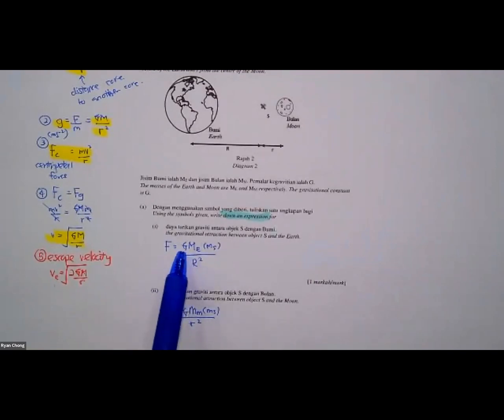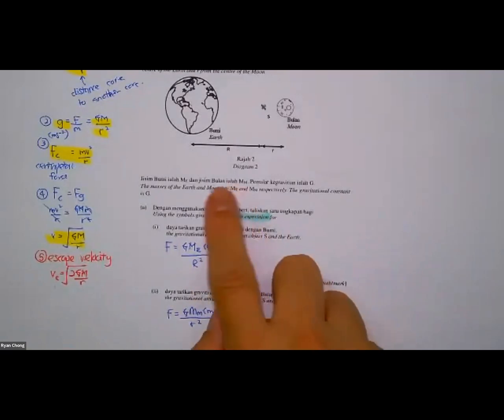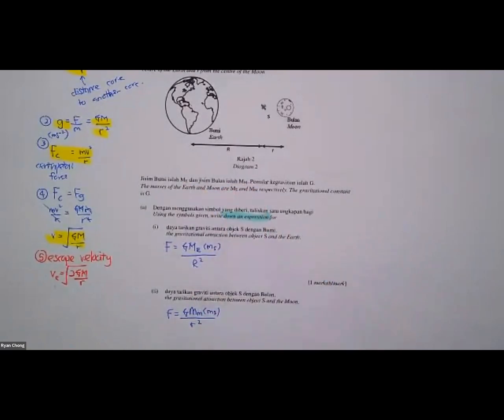They just put mm only, which is wrong. Put the wrong symbol, lose marks. Put the wrong R, also lose marks. So be careful with the expression. You have to put the correct symbols, because they give you all the symbols already, so you cannot change them.